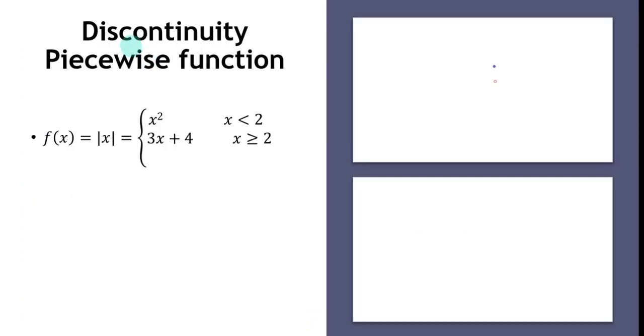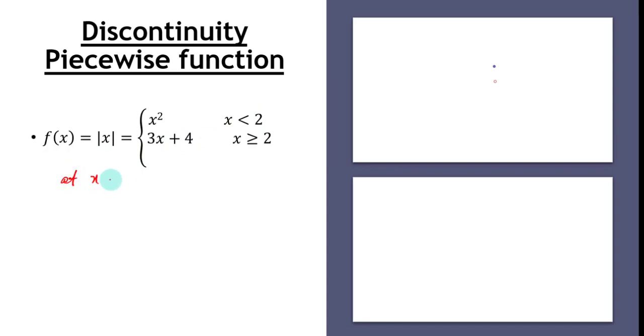Let's talk about a discontinuity in a piecewise function. In this example we have two intervals: x squared for x less than 2, and the other function is 3x plus 4 for x greater than or equal to 2. If we want to check whether our graph is continuous or not, we just have to evaluate these two functions at x equals 2.